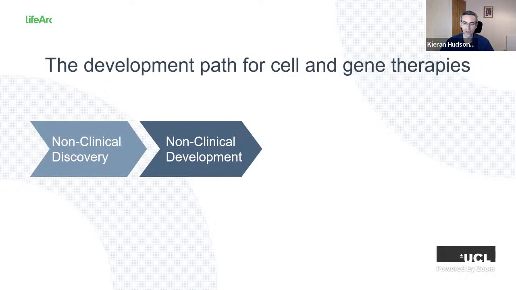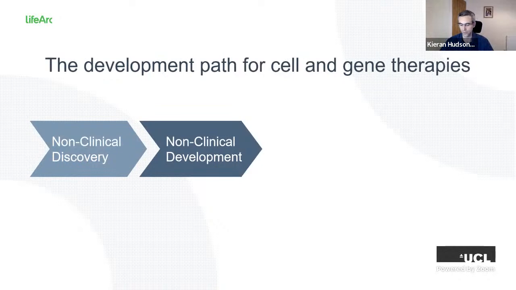This step is all the work done to acquire data in the lab to enable clinical trials. Initially building towards the data package needed to get your first in-human clinical trial, but non-clinical development work actually continues alongside clinical development and contributes to further clinical work and the authorization and adoption as well beyond the clinic.